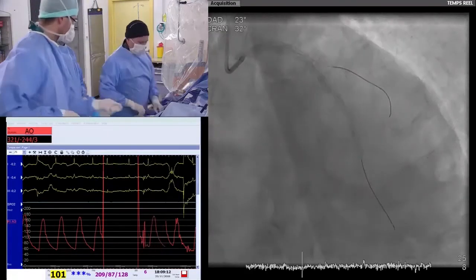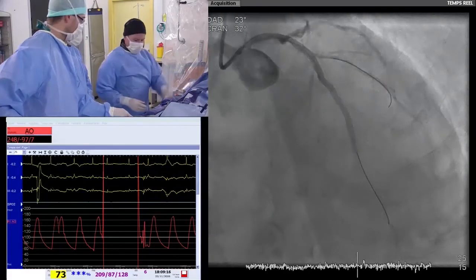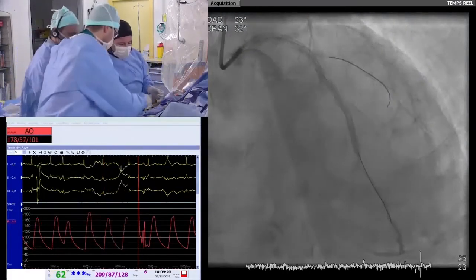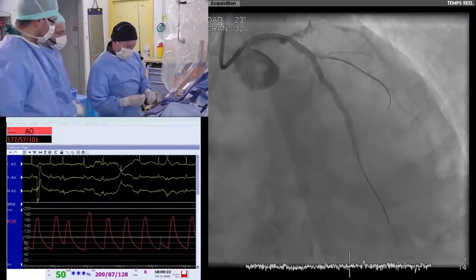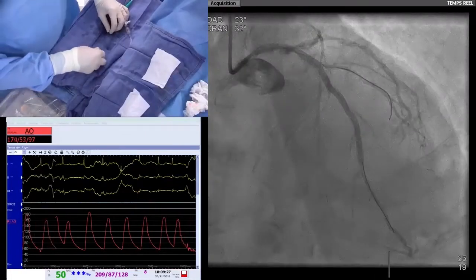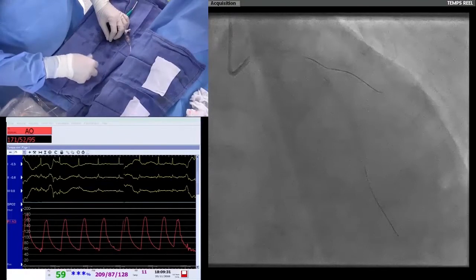Due to the fact the wire is trapped in a long part of the stent, I will use a torquer to remove the wire, and I turn the wire because I would like to avoid any deep intubation of the guiding catheter.